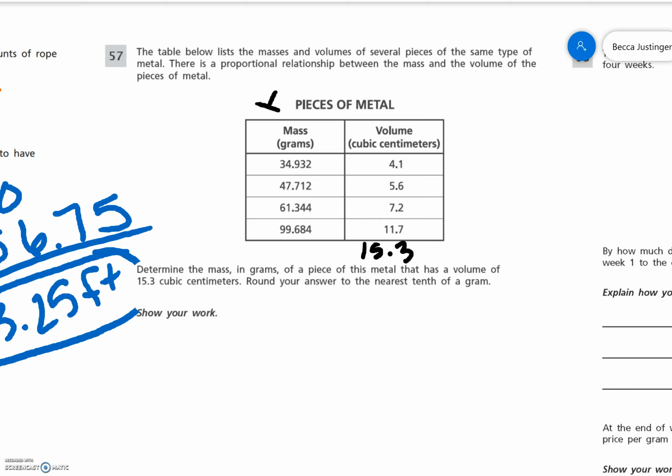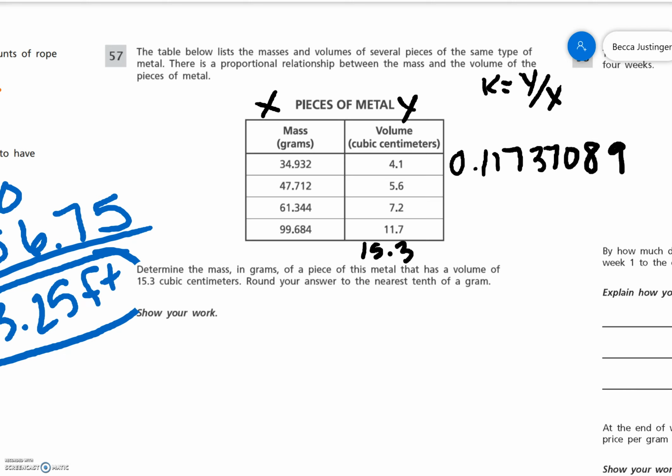Remember, this is x and y, and our k is equal to y divided by x. So we do 4.1 divided by 34.932, and we get 0.11737089.